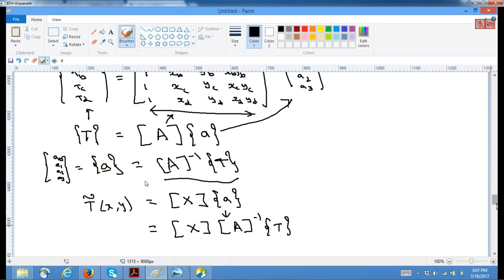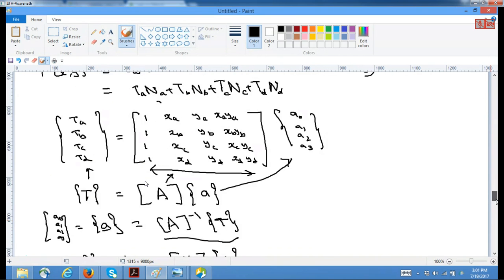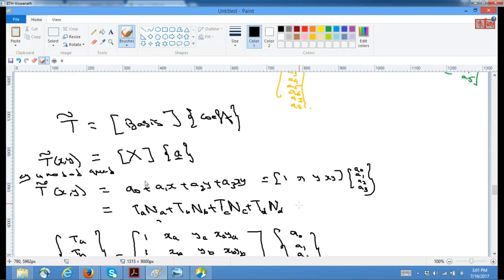But we know that this form is nothing but N times T, or also known as N1, NA, NB, NC, ND times TA, TB, TC, TD. So this is the same thing.